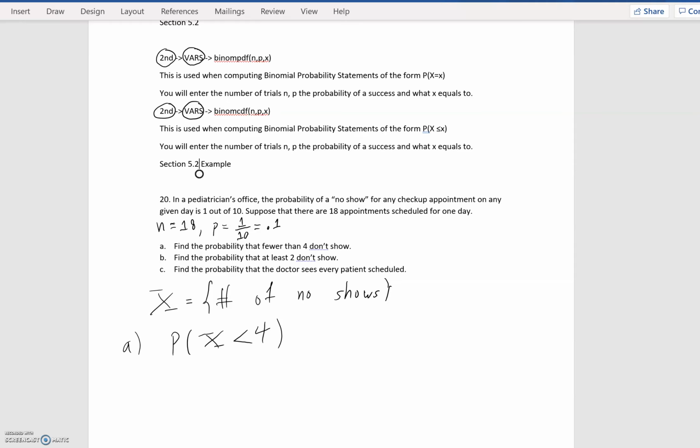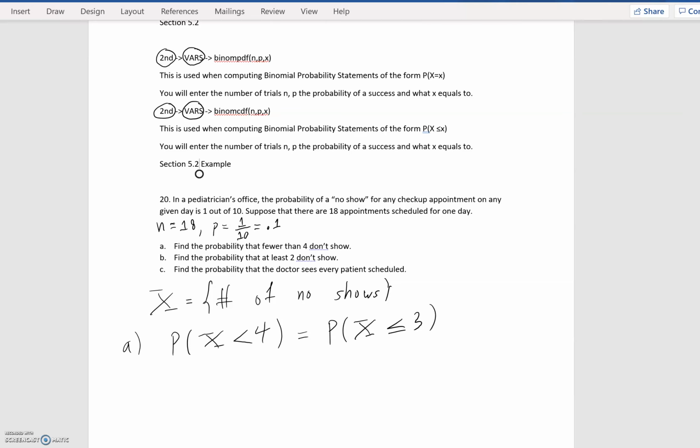So this is a handy trick that you will have to get used to when dealing with discrete random variables. If they can only attain whole number values, if you have capital X is less than some number, this is the same as capital X being less than or equal to the very next number down. So the probability of capital X being less than 4 is the same thing as the probability of capital X being less than or equal to 3.